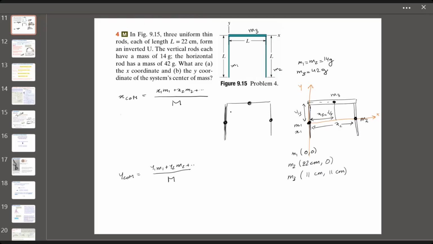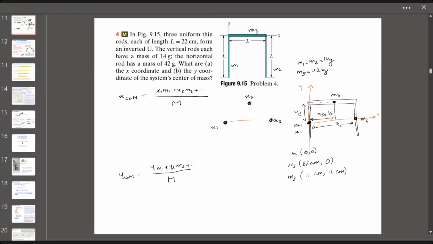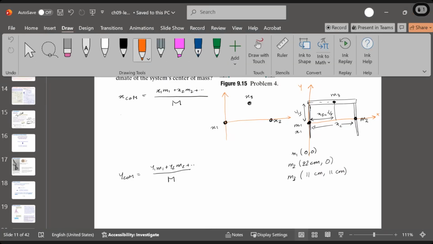So now I end up with 3 rods. These are the centers of masses. I'll take the position of each center of mass. This is the system I have now. I'm going to study this system, which contains the center of mass of each of the rods. All right, and then the center of mass of the whole arrangement of rods will be somewhere at the center of this triangle, right?